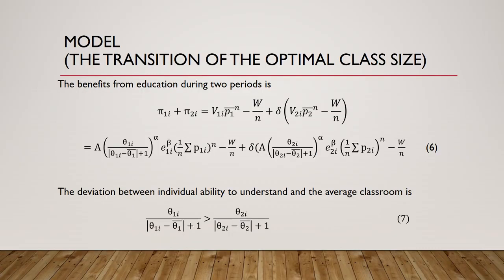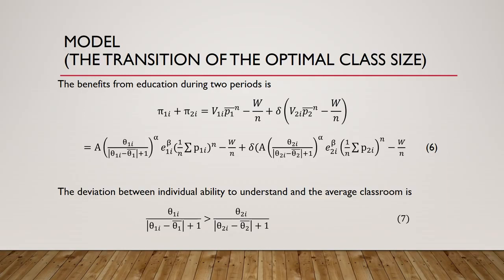Next, we examine the benefits from education and the transition of the optimal class size. For simplicity, we assume that students receive education for 2 periods. The benefits from education can be written as equation 6.